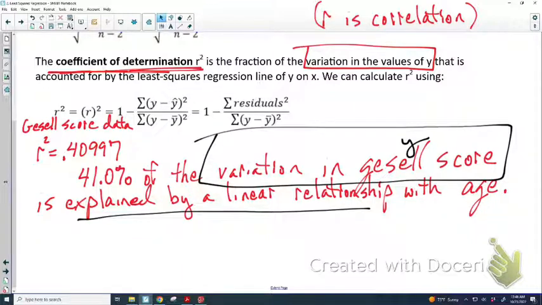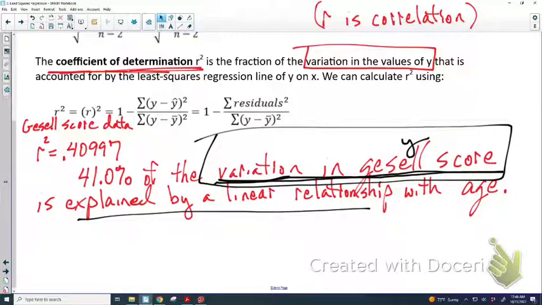Sometimes they'll skip the word linear and it's very brief. Attributed to a relationship with age and score. Sometimes they'll say the y variable again. But the boxed thing, this thing right here, is always, always there in a multiple choice problem. They'll throw you a curveball, they'll try and say variation in x, but that's wrong.